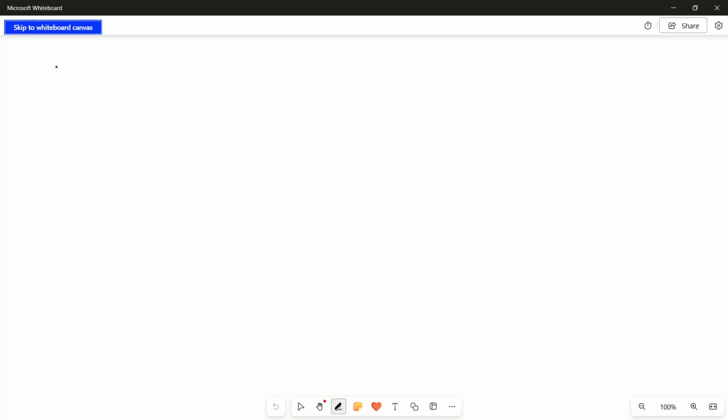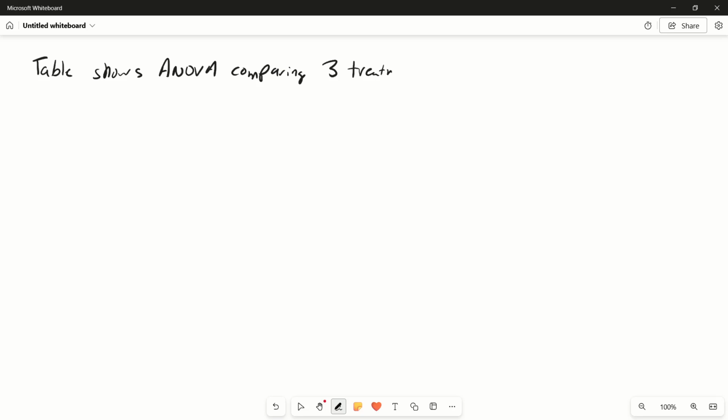So let's say we have a problem like this. The table shows ANOVA, comparing 3 treatment groups with 10 people. Sorry, the E is off here.